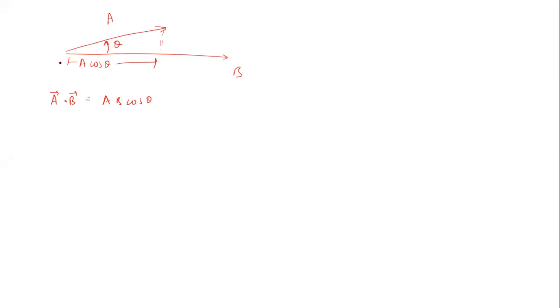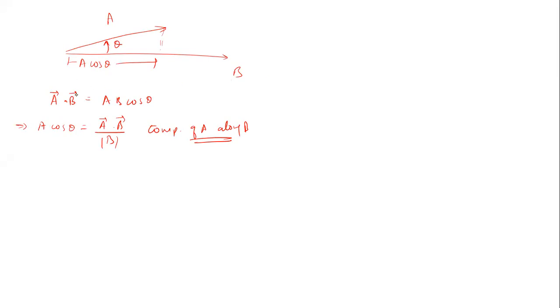So the component of a along b, a cos theta, will be equal to a dot b by b.